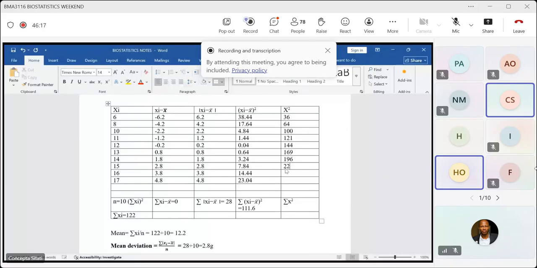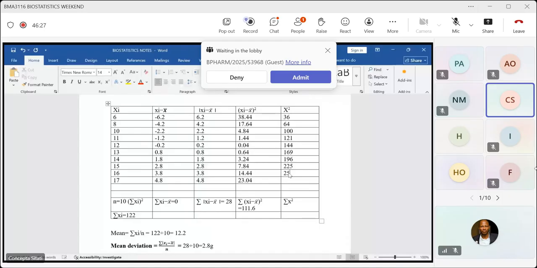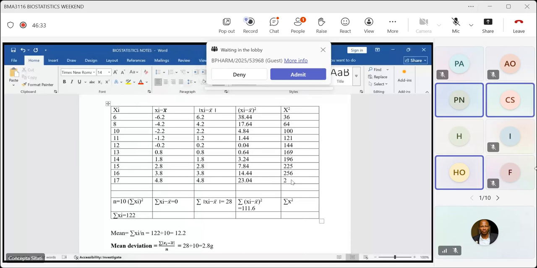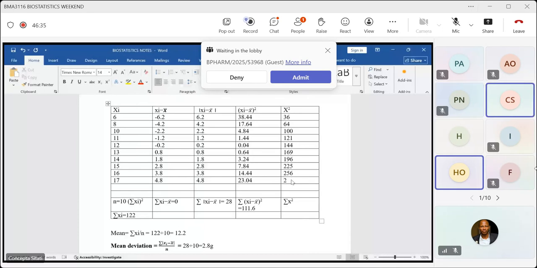For 16, 256. And for 17, 289. Now, what is the summation of that?